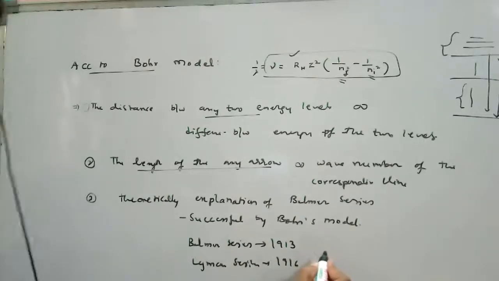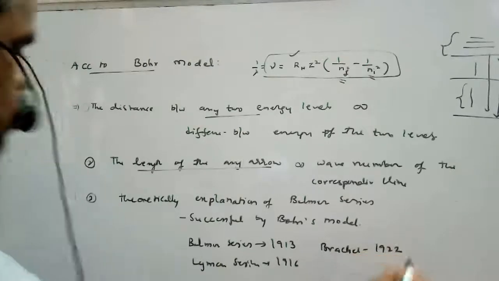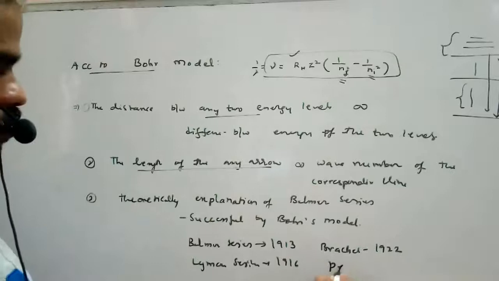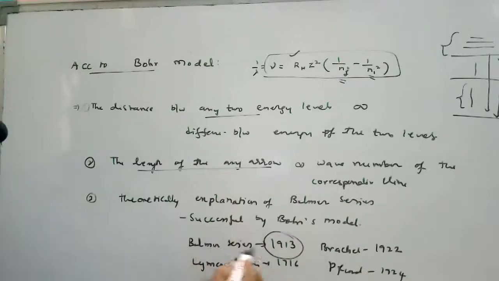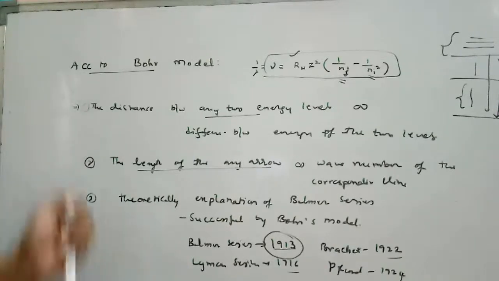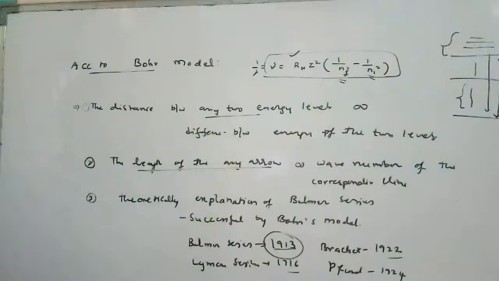Next, Brackett series in 1922. Then Pfund series in 1924. So initially Bohr explained with Bohr model only the Balmer series in 1913. Then he explained Lyman series in 1916, then Brackett series in 1922 and Pfund series in 1924. This is about Bohr's model. So the series are forming. So these are the important points while drawing the energy level diagrams. So thank you.